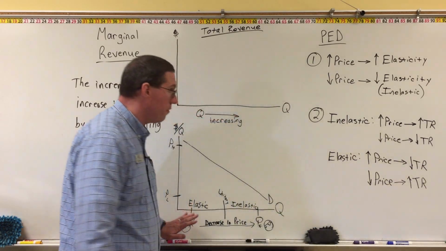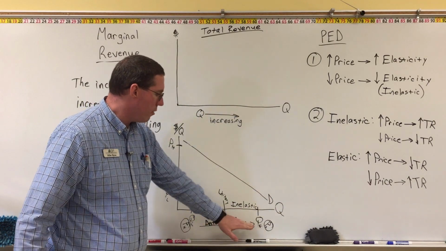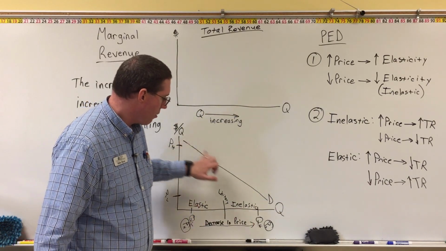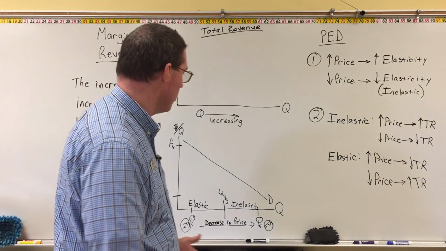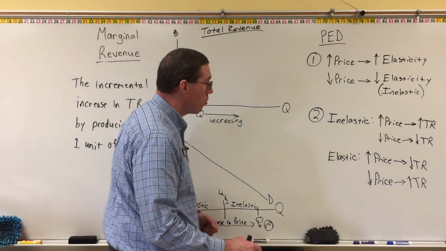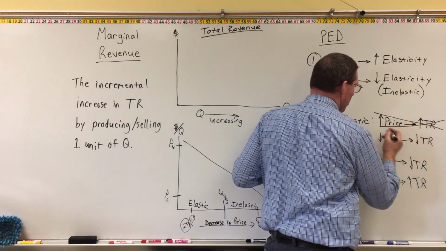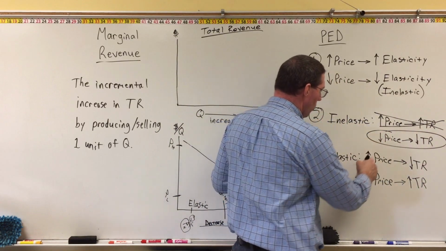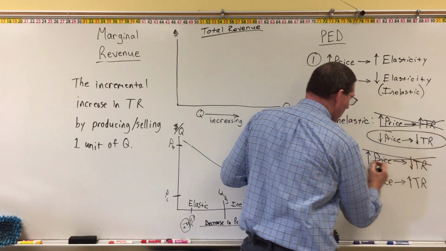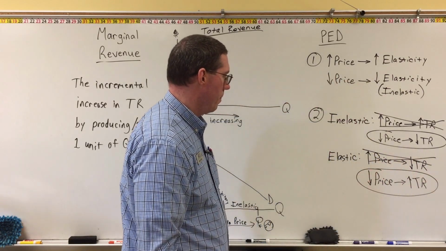So moving from left to right, we have an increase in quantity but a decrease in price. And that's because of the demand curve, because there is a negative relationship between price and quantity. So here's what we want. We don't want this one right here because we're going to be dealing in a decrease in price. And we don't want this one right here because we're going to be dealing in a decrease in price.